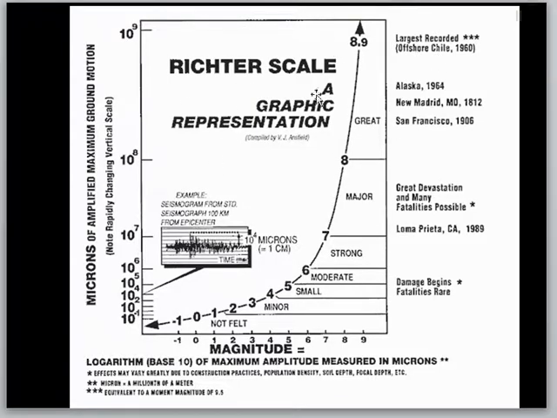What's really interesting is they're not even talking about level 9 magnitudes, and this is what we're thinking in Oregon along the coast, these much higher magnitude earthquakes. So that's the largest earthquake recorded, in 1960, and the devastation was huge.